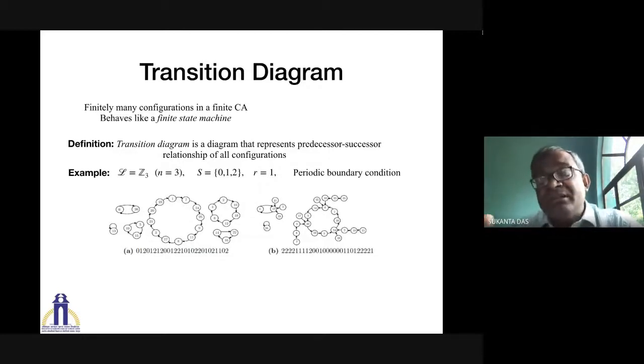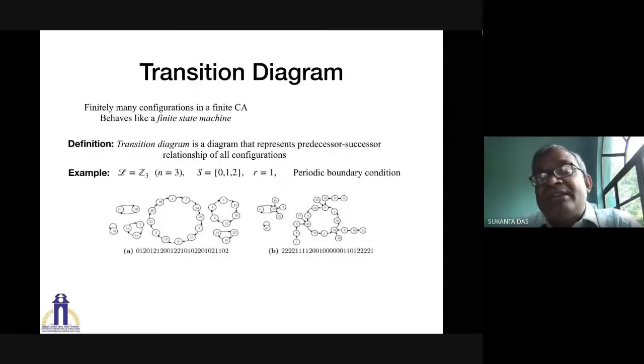On the other hand, there are some configurations, say 24. Look at the circle 24. It is reachable from three configurations. I mean, it has three predecessors actually. Its one predecessor is 2, another is 23, another is 3.